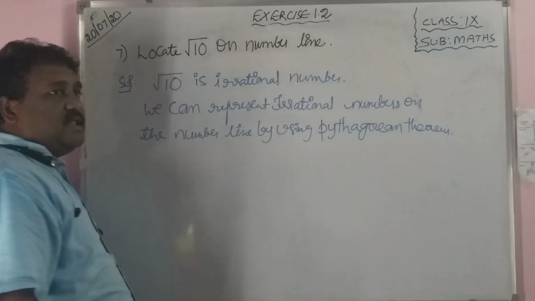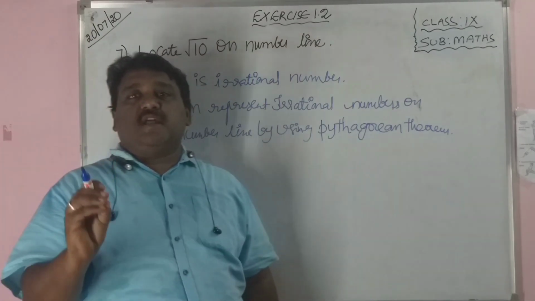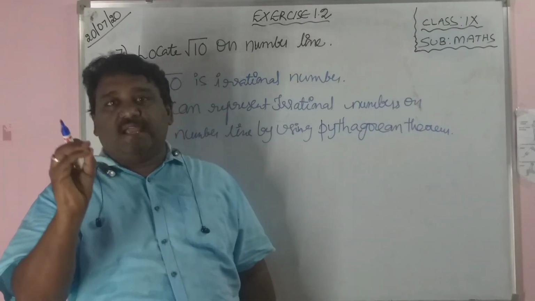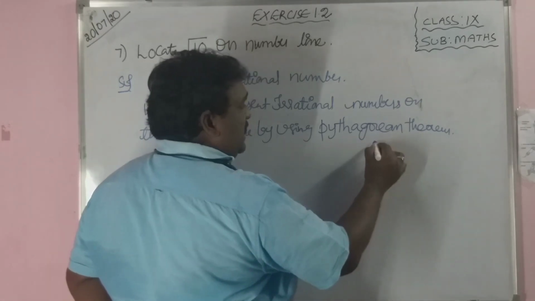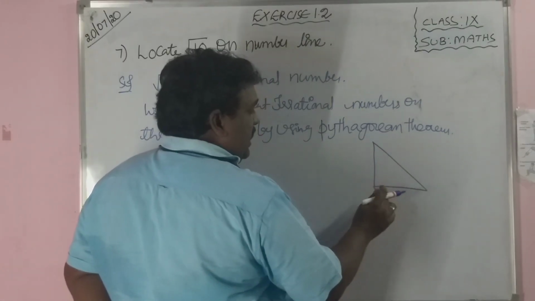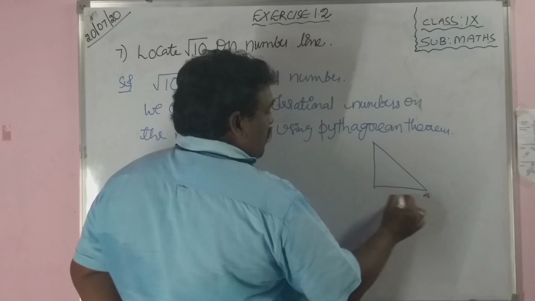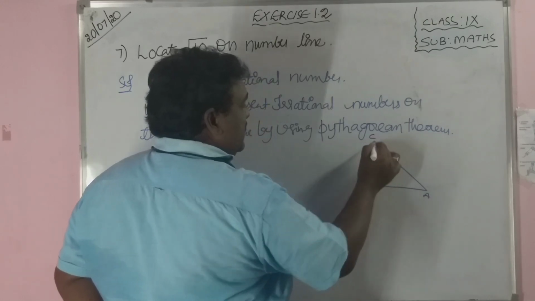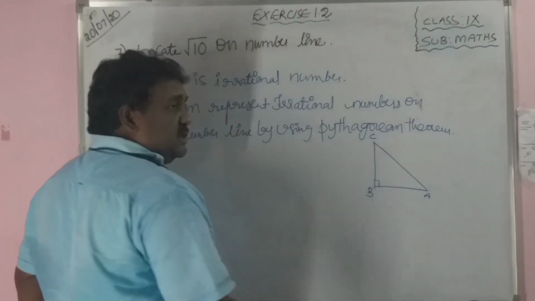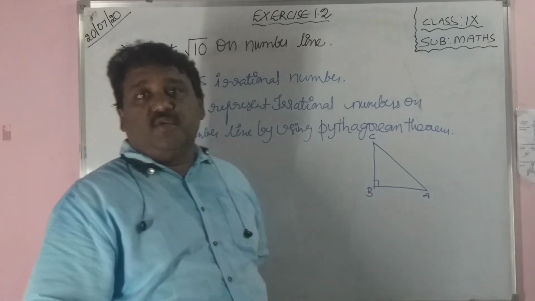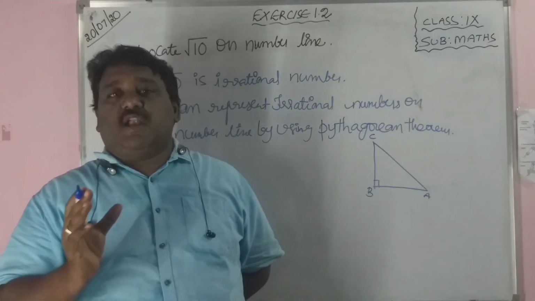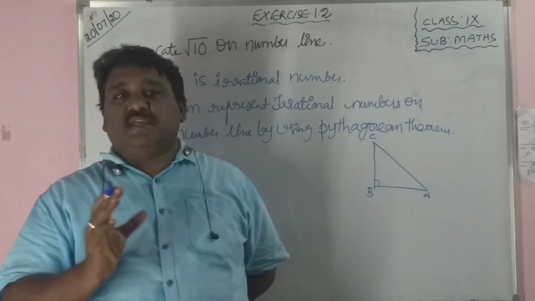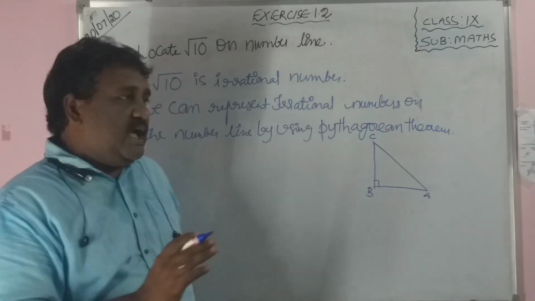What is Pythagorean theorem? Pythagorean theorem exists only for right angle triangles. A triangle in which one of the angles is 90 degrees is known as a right angle triangle.